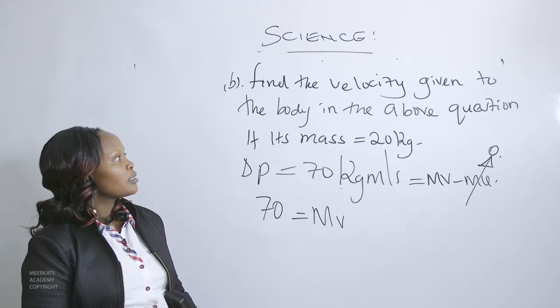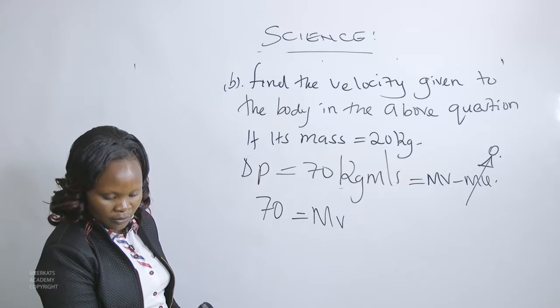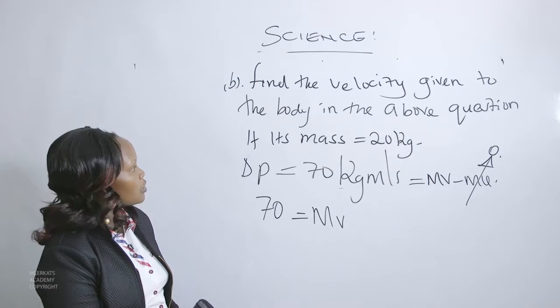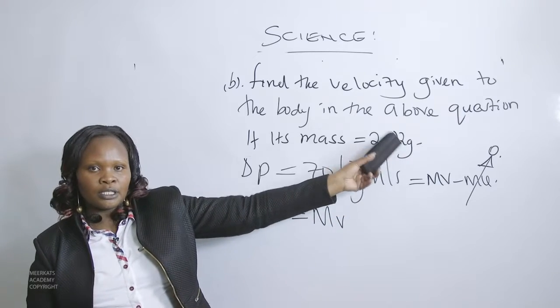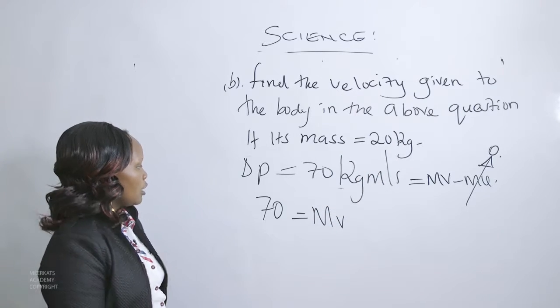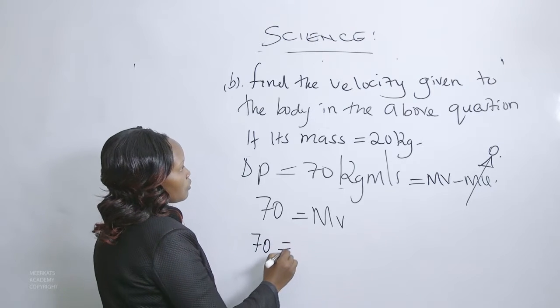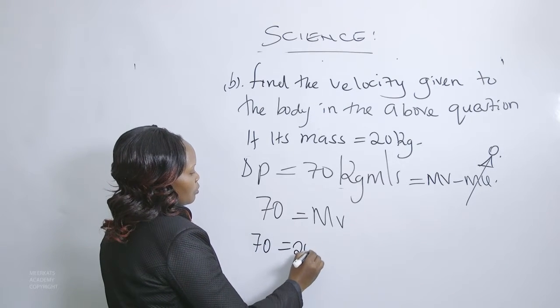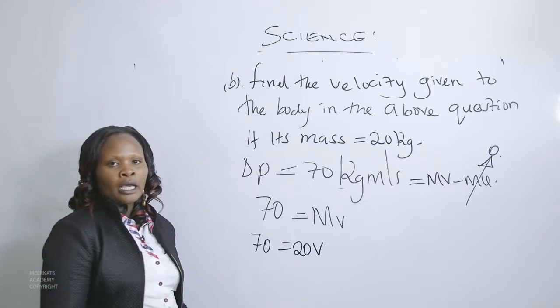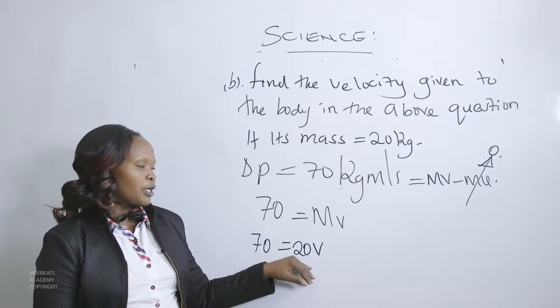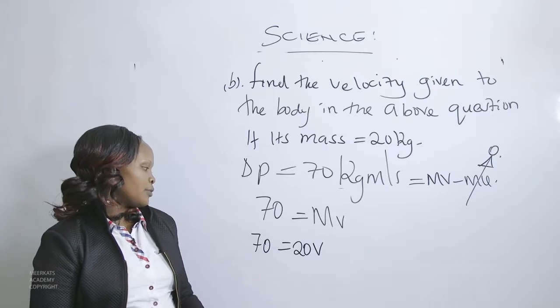The question gave the mass as 20 kilograms, so 70 equals 20 v.